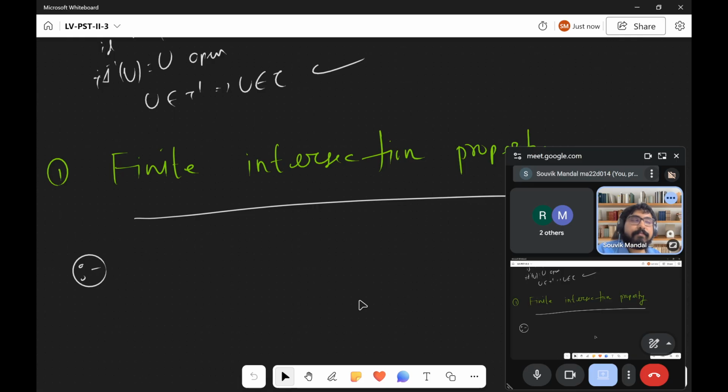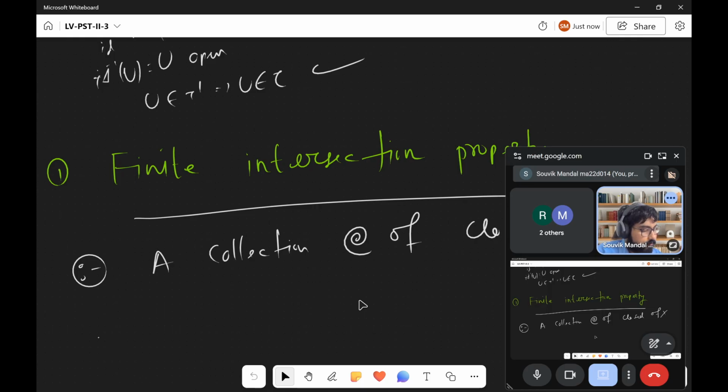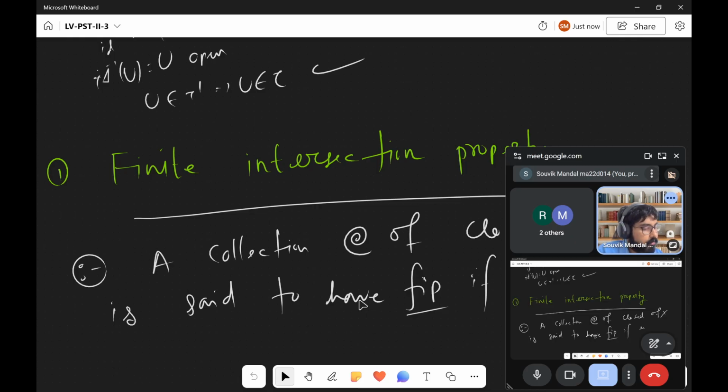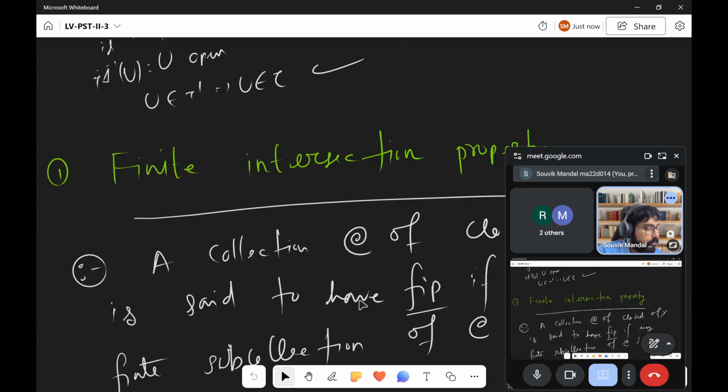What it is telling is that a collection C of closed sets of X is said to have the finite intersection property, FIP, if every finite subcollection of C has non-empty intersection.